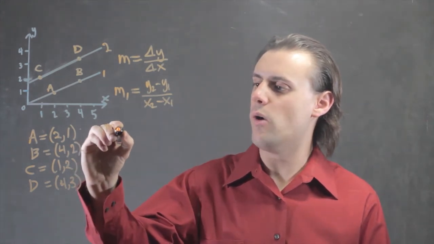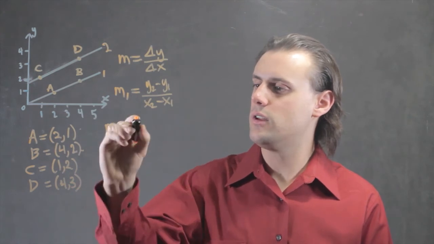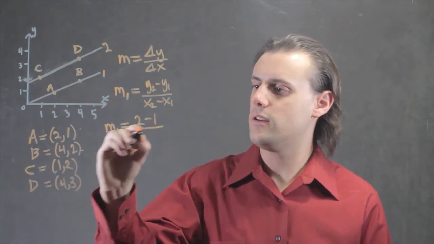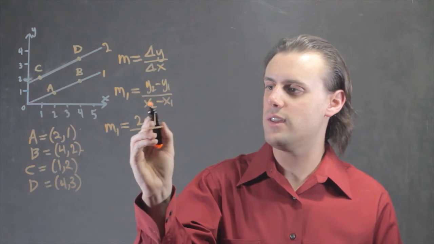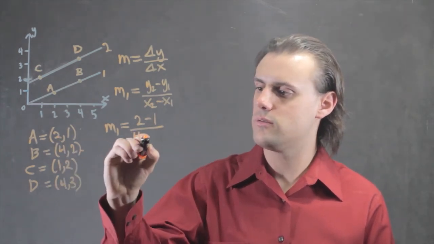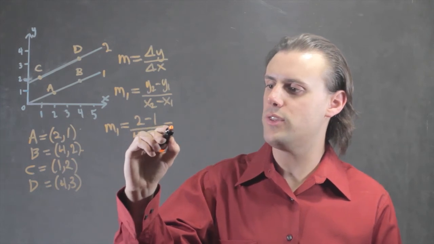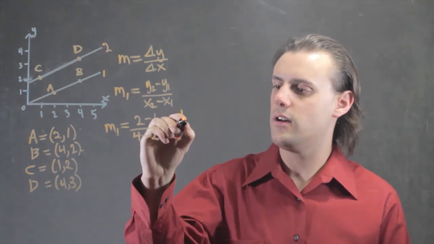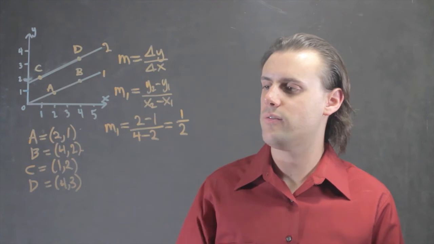So we have m1 is equal to 2 minus 1 divided by the difference in the x values, the difference between 4 and 2. So when we compute this, we get a slope of 1/2.